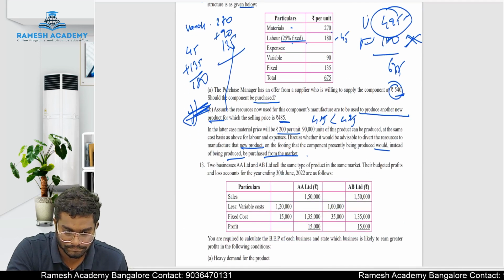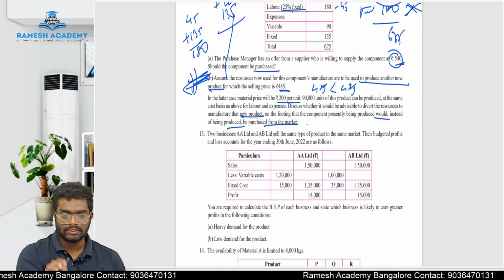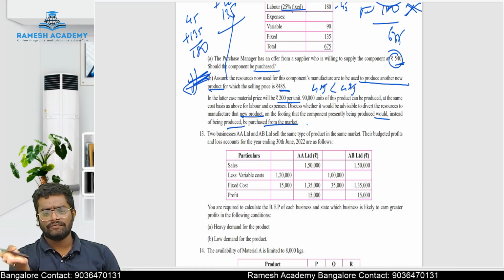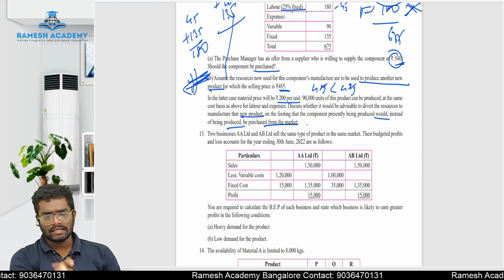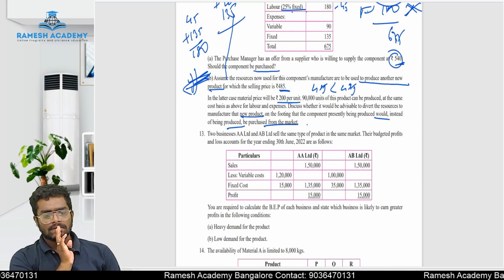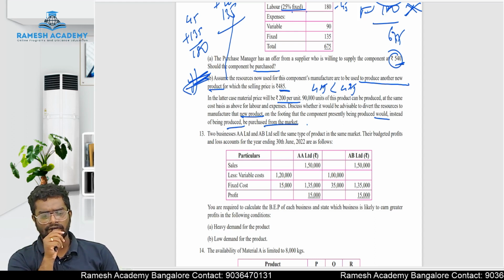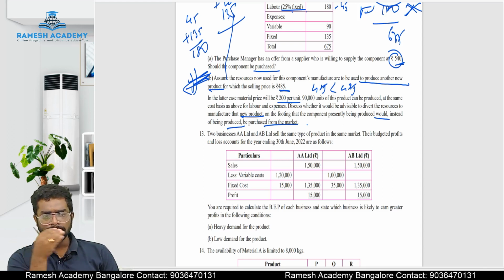Now question number 13. If you see question number 13, they are asking you to calculate the BEP for each business and which business is likely to earn more profit when there is heavy demand. So calculate the BEP for both. For BEP we need the PV ratio. We have sales and variable cost, so find it out.